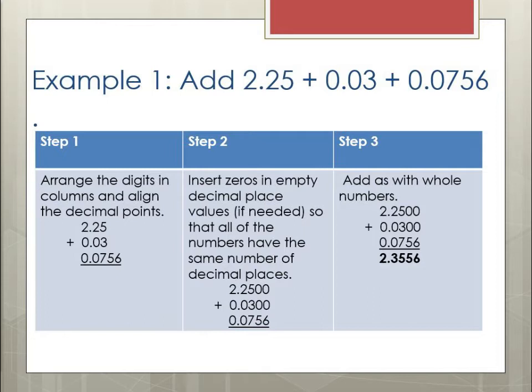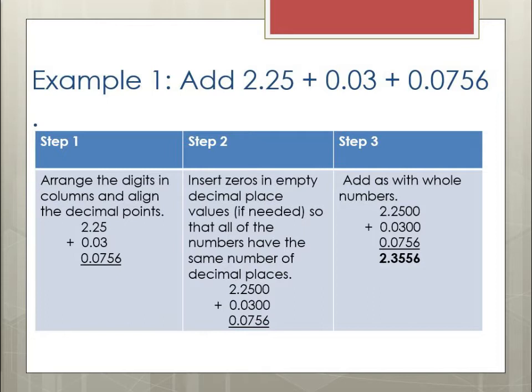Step 1. Arrange the digits in columns and align the decimal points. As you see, 2, 0, and 0 are aligned because they are whole numbers. At the right, we have the decimals.